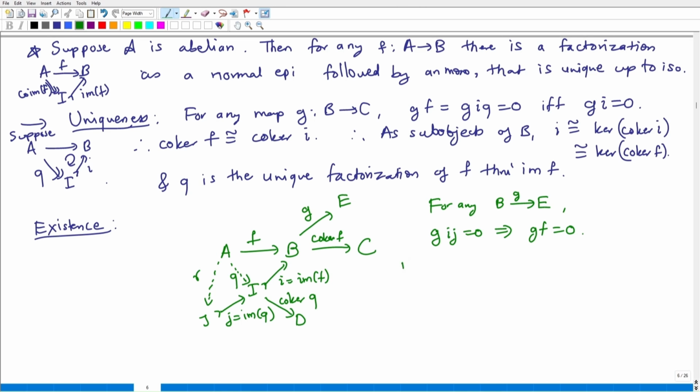And if GF is equal to 0, then there must exist an H such that G is equal to H composed with co-kernel F. And then what will happen?